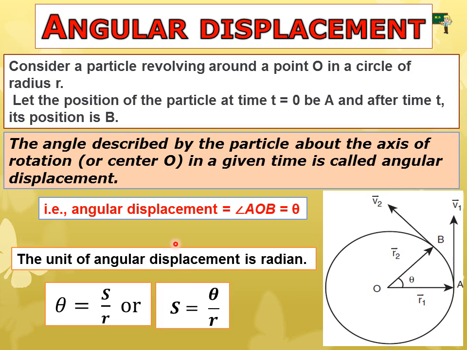So if you want to find the displacement by the particle when it moves around the circle, you take the angle and multiply it by the radius of the circle. That gives the angular displacement of a particle.